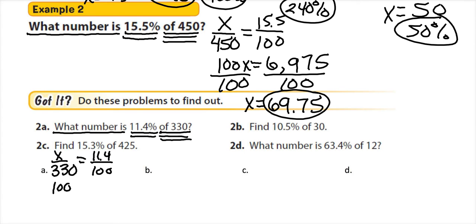We know 100 times x, obviously. So 330 times 11.4 is going to come out to 3,762. We're going to divide by 100. Again, that means to move back 2 places, so that's 37.62.